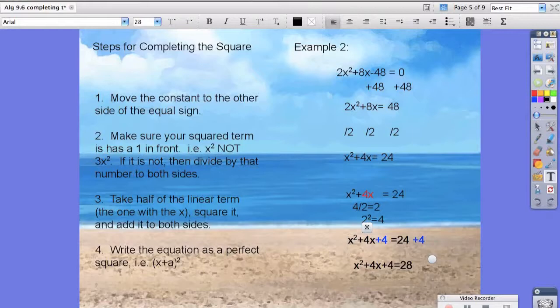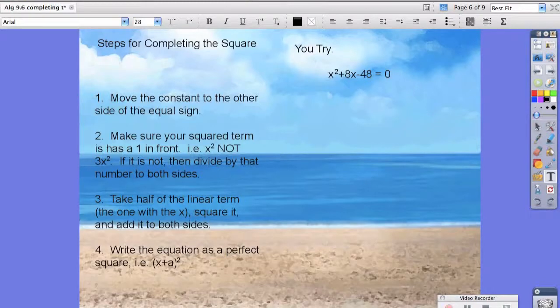To do the perfect square part, again, we do the parentheses, we write x, and then we use the sign of the linear term, which in this case is again plus. Then we square root our constant term, which in this case is 4. The square root of 4 is 2. Then we put the square on, and that's equal to 28.